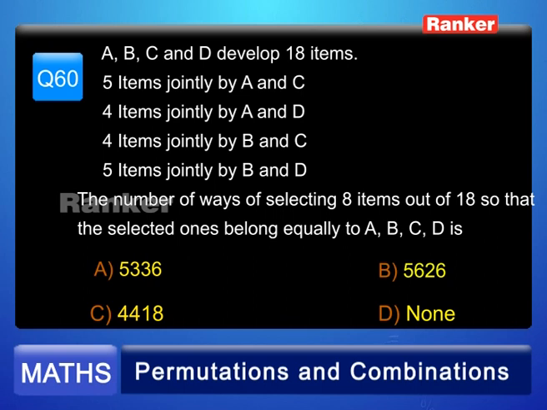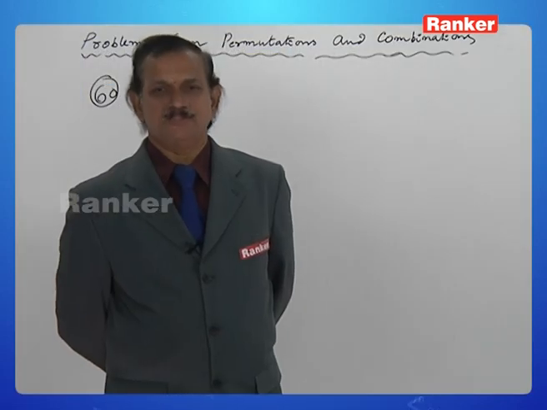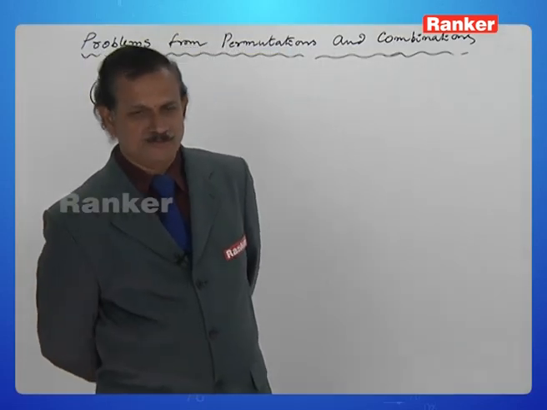Out of them, 5 items jointly by A and C, 4 items jointly by A and D, 4 items jointly by B and C, 5 items jointly by B and D. The number of ways of selecting 8 items out of 18 so that the selected ones belong equally among A, B, C and D is a beautiful question.